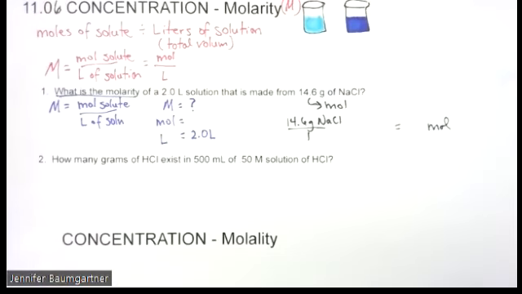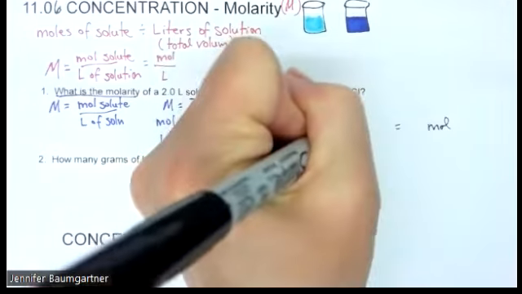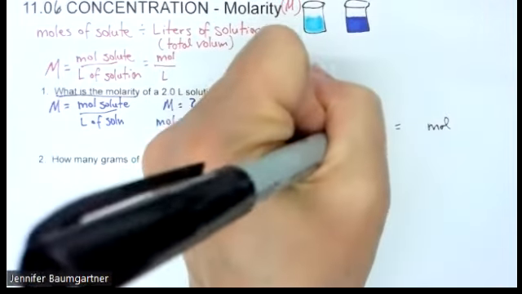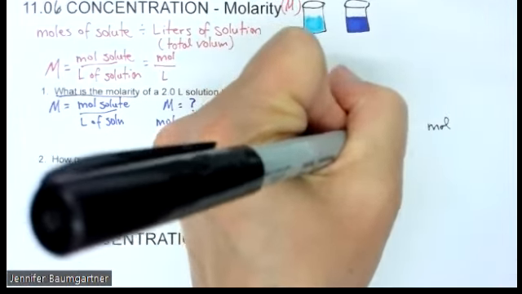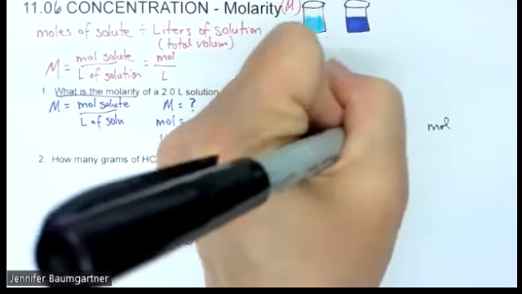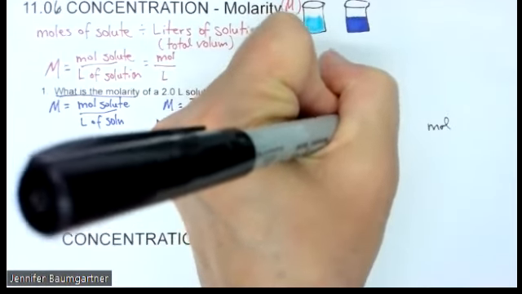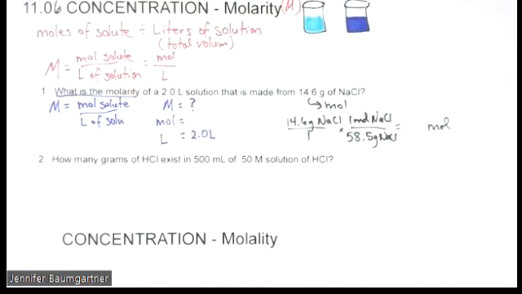Every time we convert mass to moles, we have to use molar mass. Chlorine is 35.5, and sodium is 23. So if I take 23 plus 35.5, I get 58.5. So I have 58.5 grams of NaCl in 1 mole of NaCl.